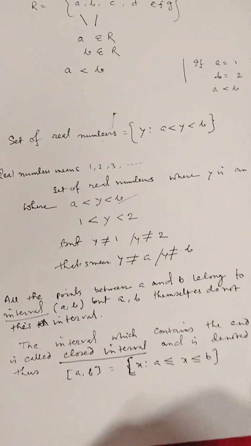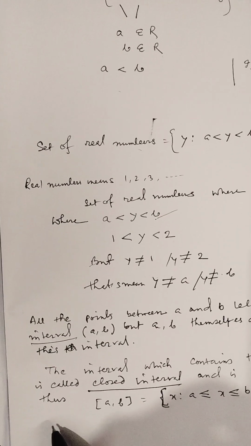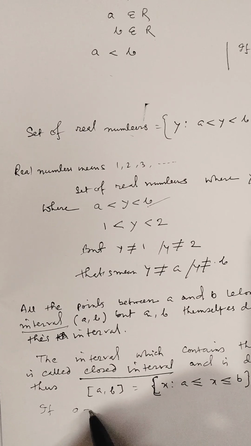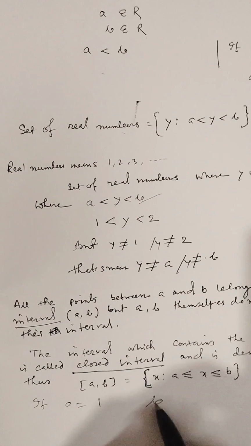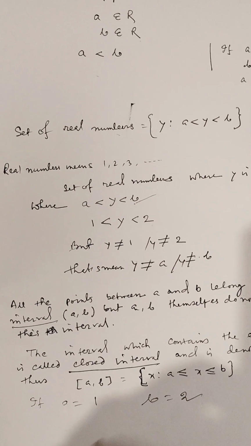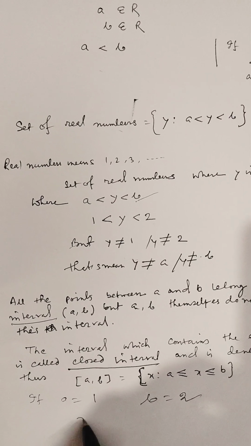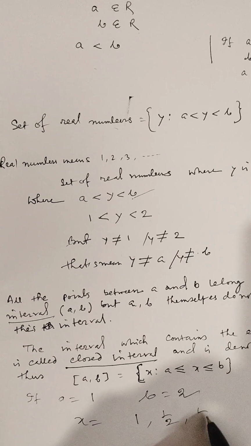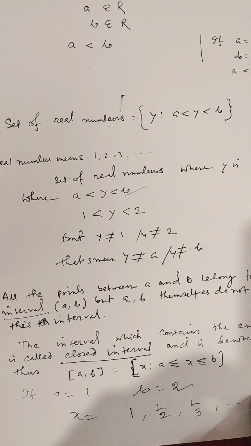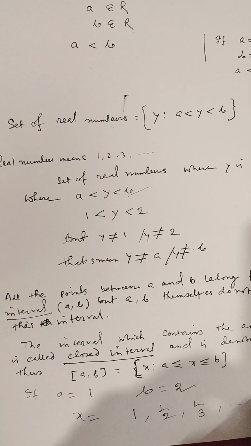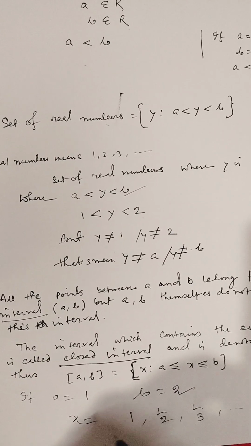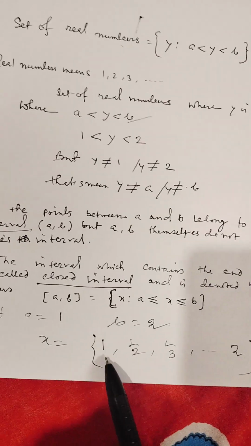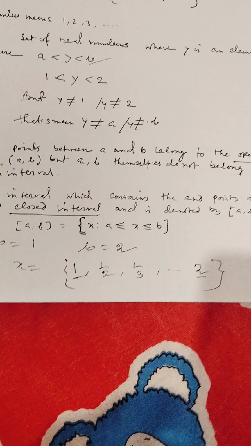Now clear it. If A is equal to 1, B is equal to 2, so x is between 1 and 2, and 1 and 2 are included.